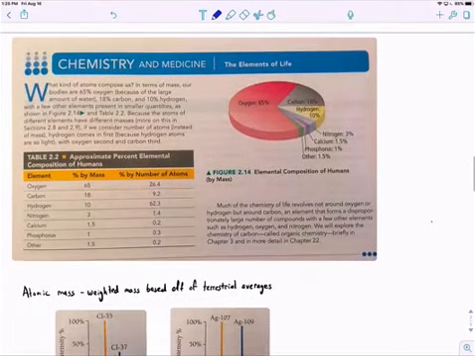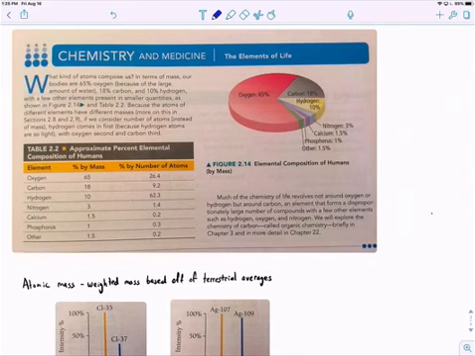Okay, so we're talking about elements. The elements of life. So this is what we are as humans. So by mass, we are very heavily oxygen. You look at atoms, atom percent, we have a lot of hydrogen and we have a lot of oxygen.